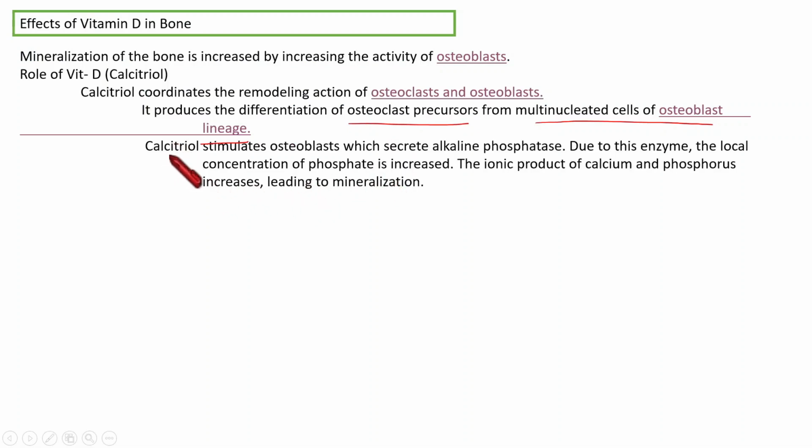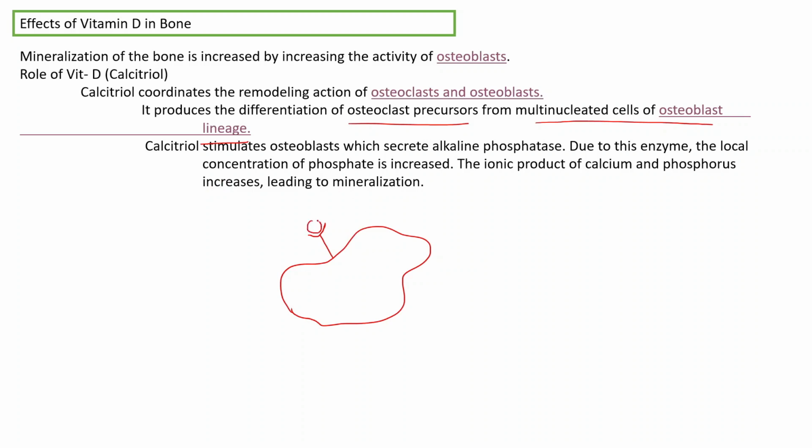Then I am explaining to you how this calcitriol brings about the mineralization. Suppose this is an osteoblast cell, and on its surface certain receptors are present, and I told you that calcitriol or vitamin D is a hormone.